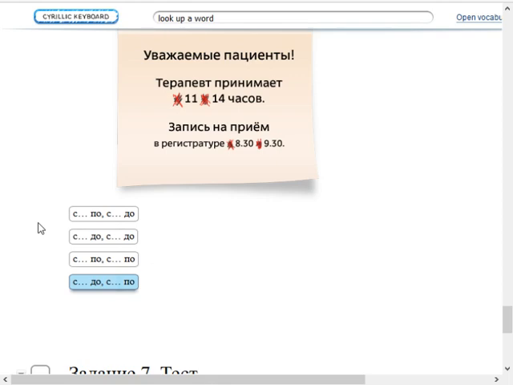Oh, American. I interpreted these as dates because, in America, you have the month first and then the day of the date. And so I interpreted these as from August 30th until September 30th. But no, in Europe, they don't do that. In Europe, the day comes first and then the month.